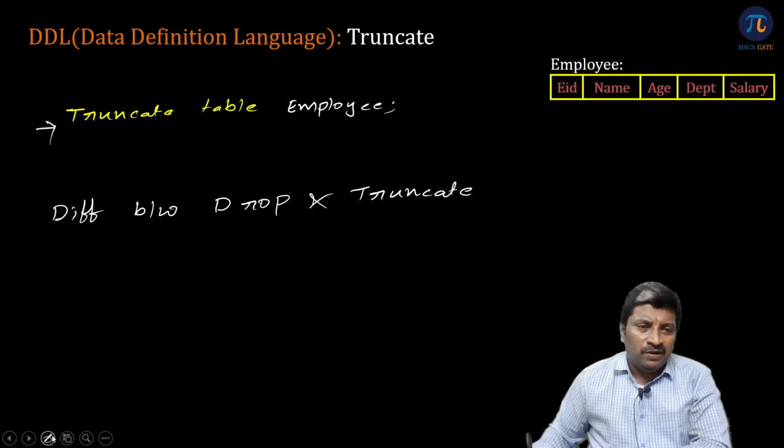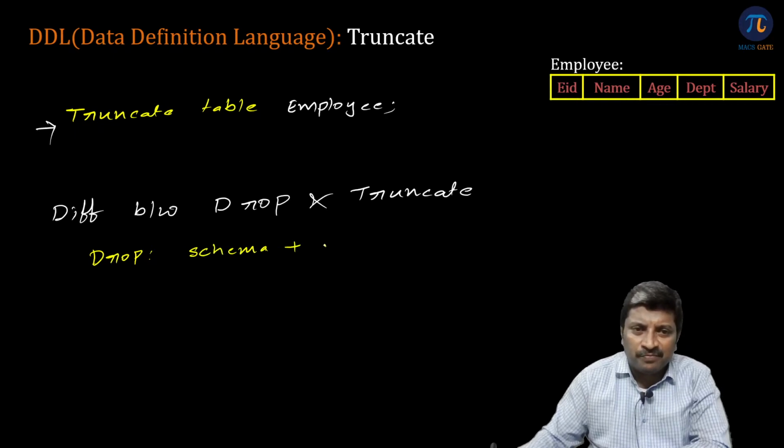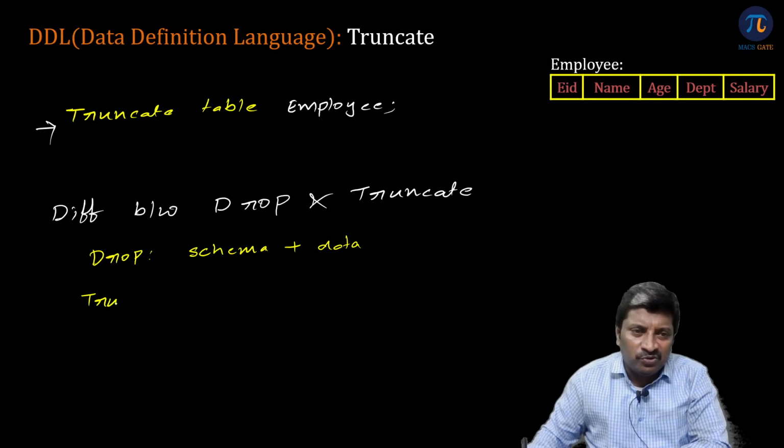Difference between truncate and drop. Sir, when you drop, schema as well as data, both will be deleted. That is, structure as well as data, both will be deleted. But when you truncate, schema will not be deleted, sir.